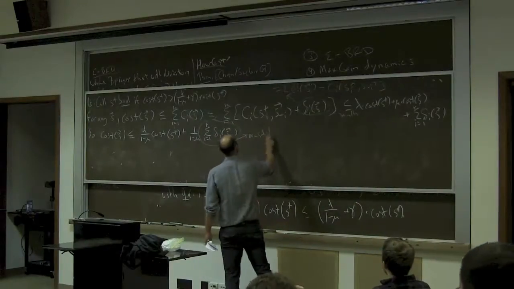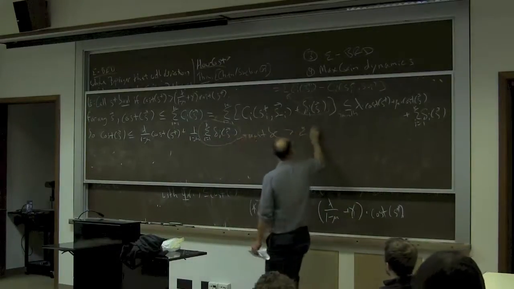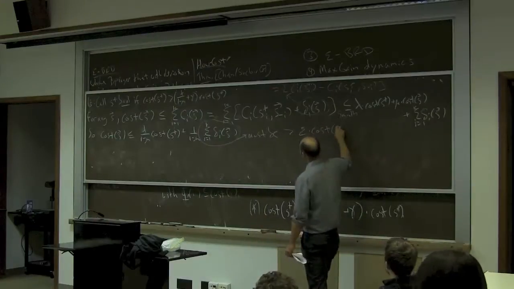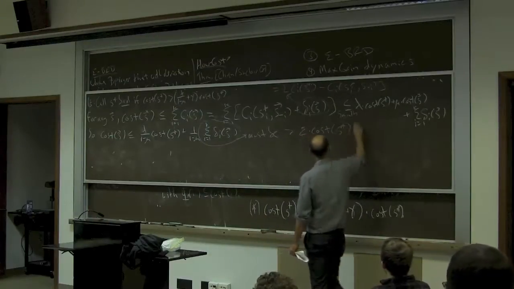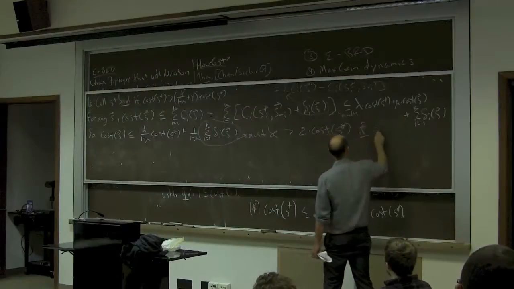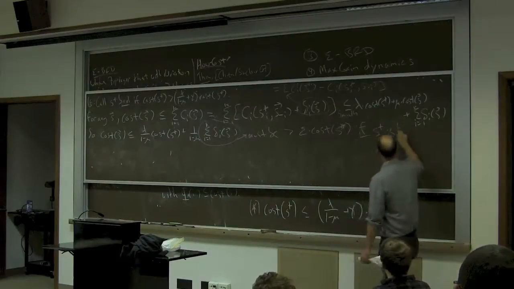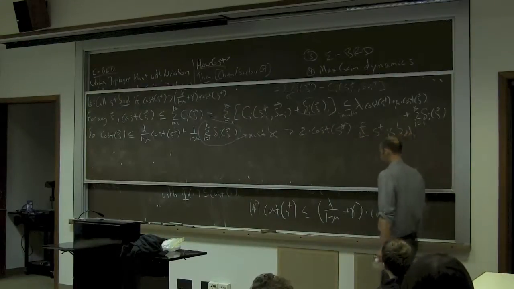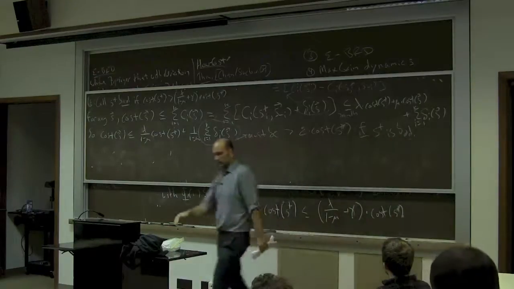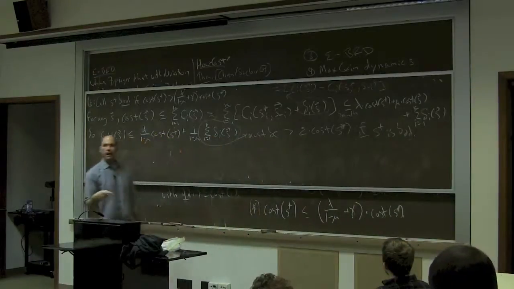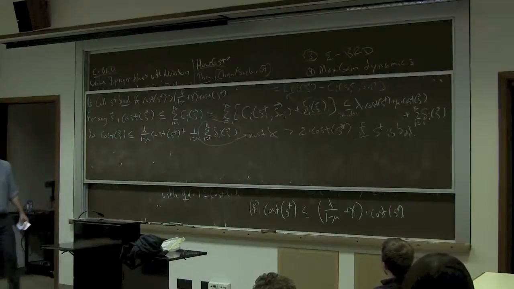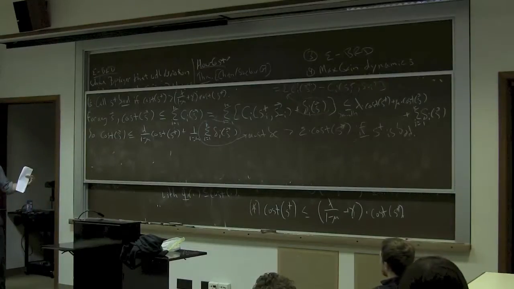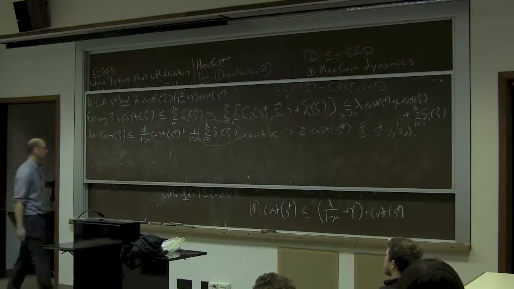So this must be at least epsilon times cost of S star if ST is bad. Again, the only way that your cost can be high is because players can realize a massive drop in their cost by a suitable deviation.